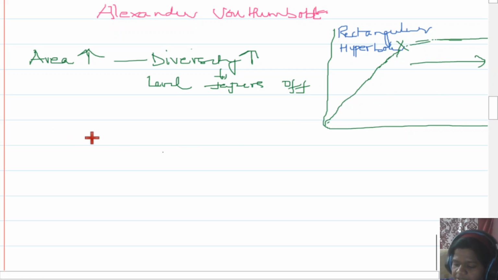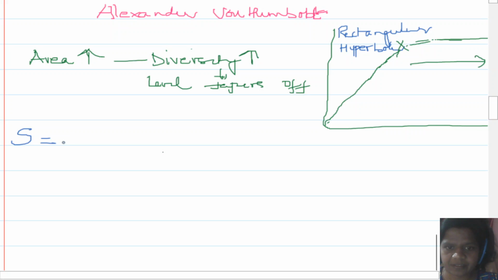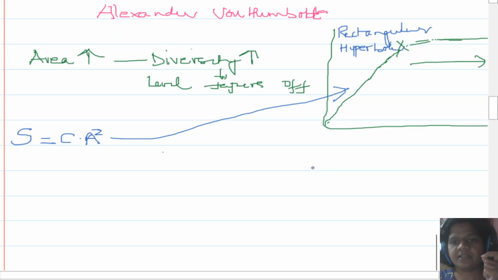So the equation is S, which is species richness, S equals C times A to the power of Z. This is the rectangular hyperbola equation.